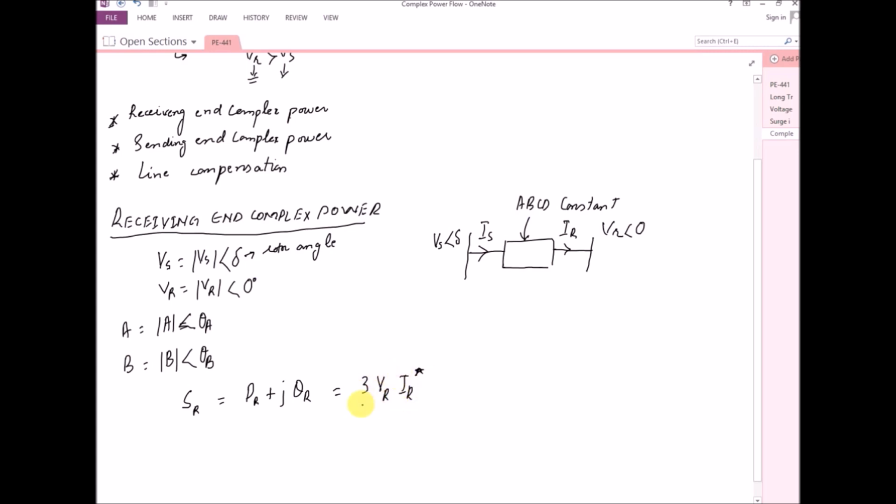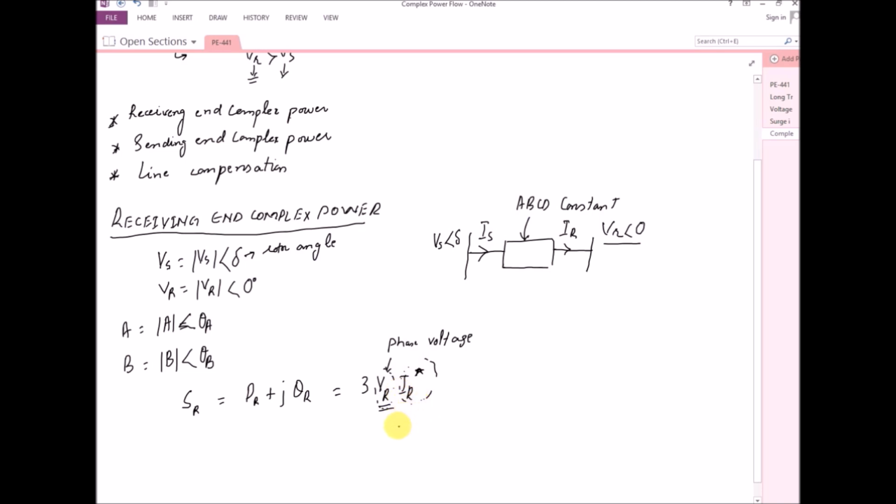This is the three-phase power, because the receiving end voltage is considered to be the phase voltage, so that's why I have used 3. If I had used the line voltage, then this 3 should be replaced by root 3. We know the receiving end voltage, which is VR angle 0, VR magnitude and angle 0, but we don't know the receiving end current, right?